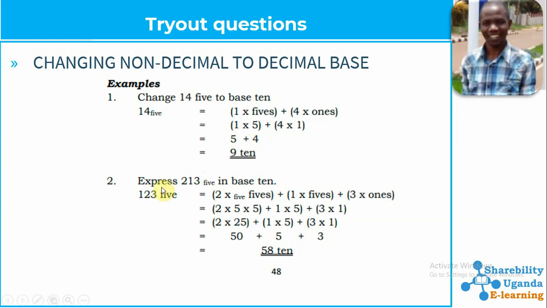Then we can also look at other examples, especially when you are given more than 2 digits, like here. They are telling us to express 213 base 5 in base 10.